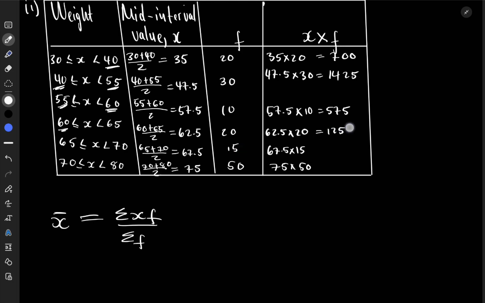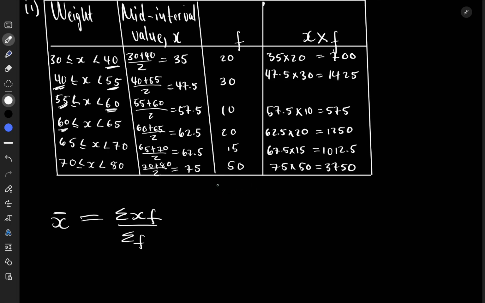Then 67.5 times 15, you get 1012.5. Then 75 times 50, you get 3750, okay? Now that we have all this, we can have here the summation of F.